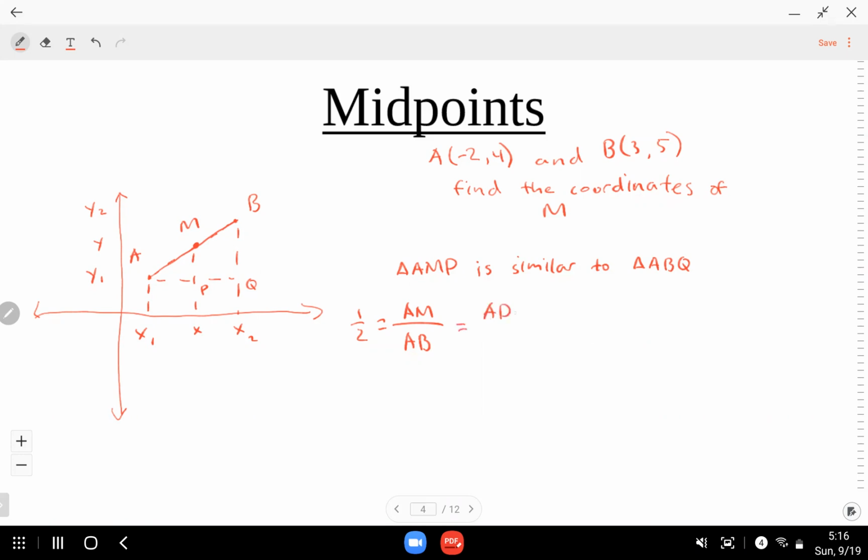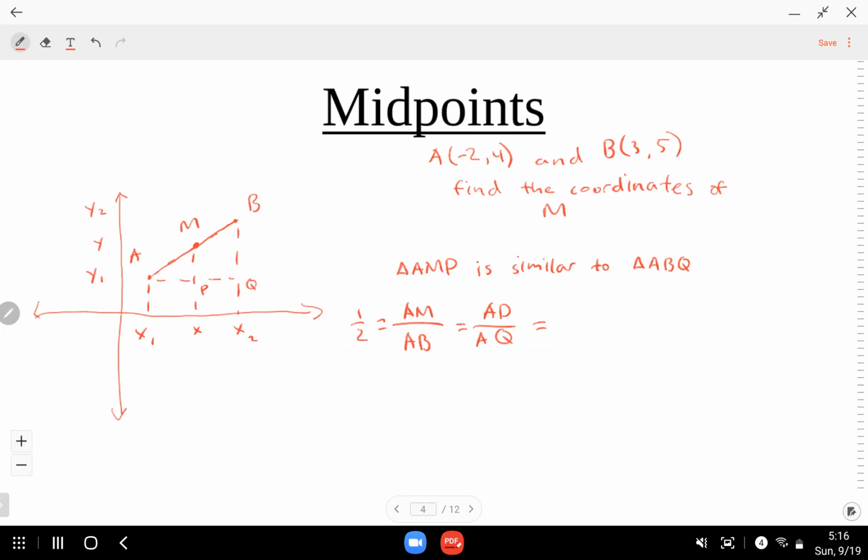that AP over AQ is also 1/2. Now, what is AQ? AQ is x2 minus x1, right? So then what is AP? AP, basically, the x values of AP would be x minus x1.